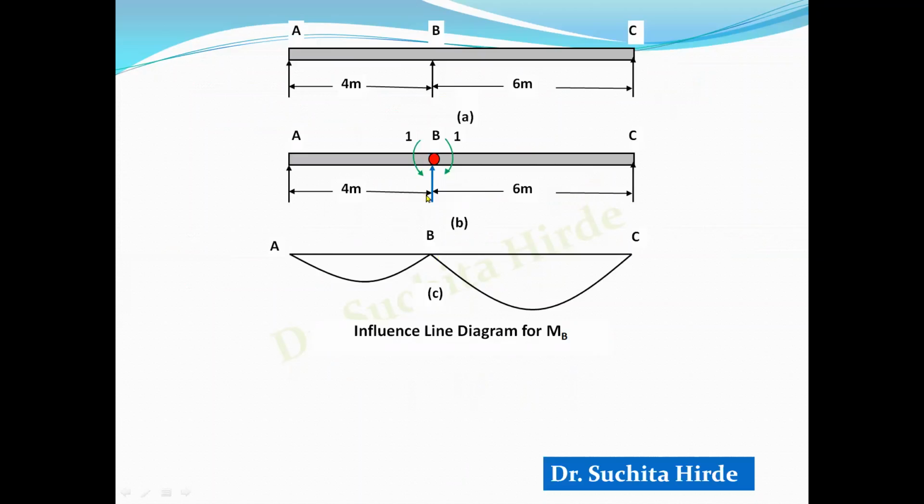That means change in shear force equal to 1, and here shear force changes due to this reaction, and therefore you have to divide all the ordinates by RB. So we are going to divide whatever bending moment ordinates we get by RB to get the ILD ordinate. Let us see how to calculate this.